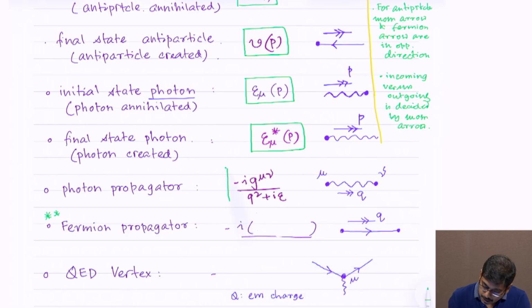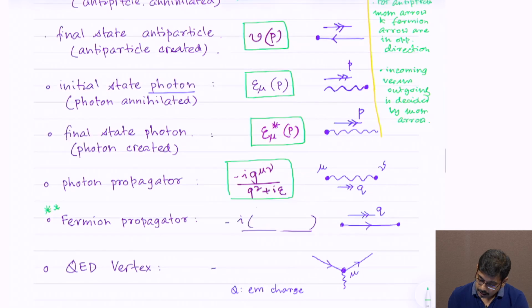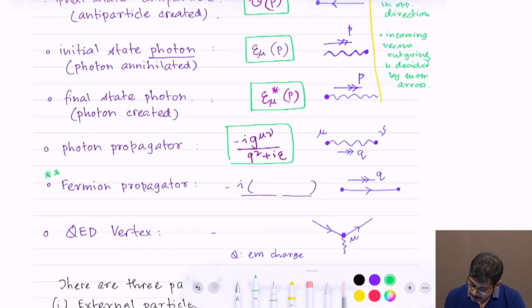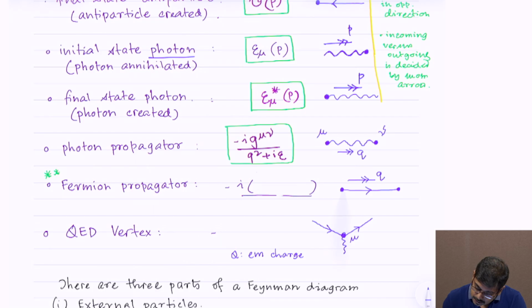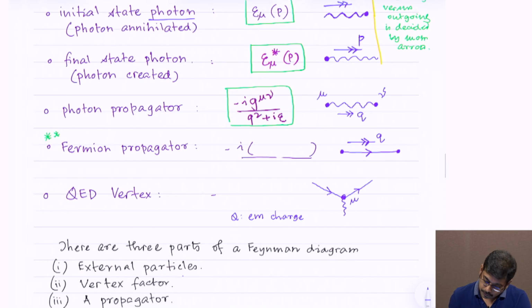And then we also have the fermion propagator. Once again pictorially, instead of the wavy line, I now have a solid line with a fermion arrow, and because this is a fermion, not an anti-fermion, the momentum is along the direction of the flow.